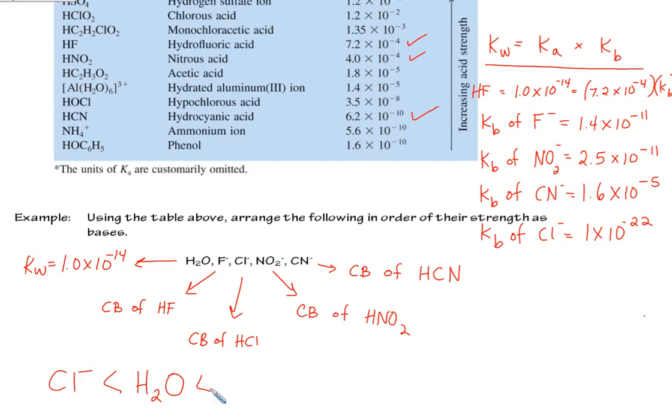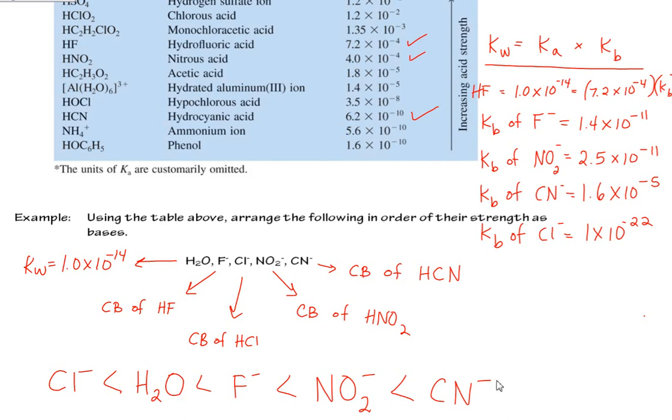The next smallest would be the fluorine ion, followed by nitrite, NO2, and then finally the winner, I guess, is the cyanide ion. Okay, interesting.